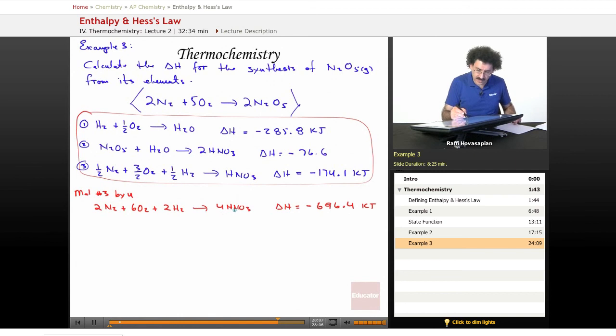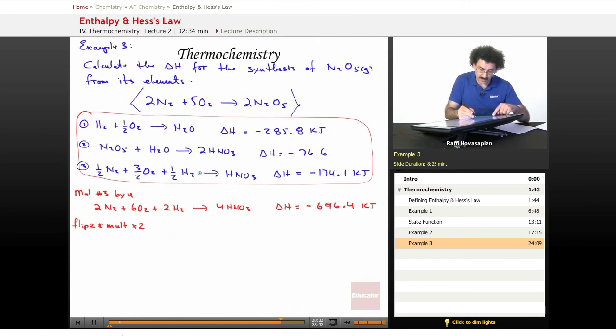I have 4 HNO3, but I don't have any HNO3 on the left here, so I need 4 HNO3s on the left. I have 2 HNO3s here, so I'm going to flip this equation and multiply it by 2. So we'll flip equation 2 and multiply by 2.